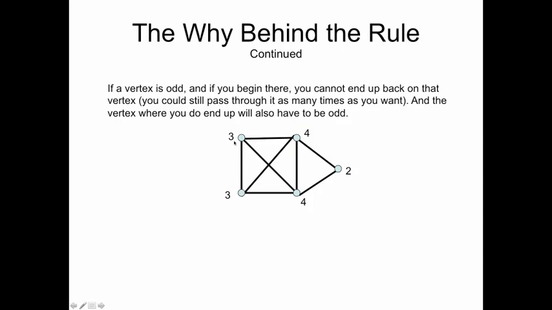So if I start on this odd, I've got to end on that odd. I could start here and end there, but there's no way to start on any of these other even ones and traverse this.